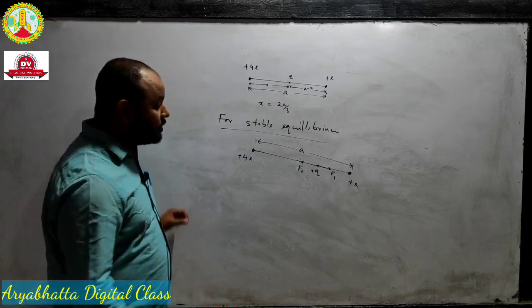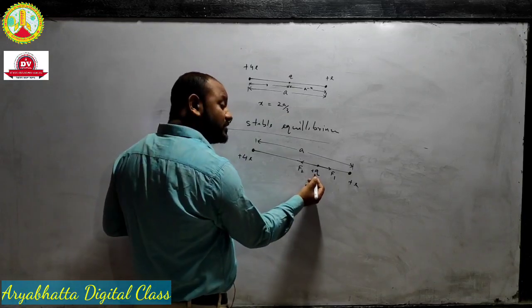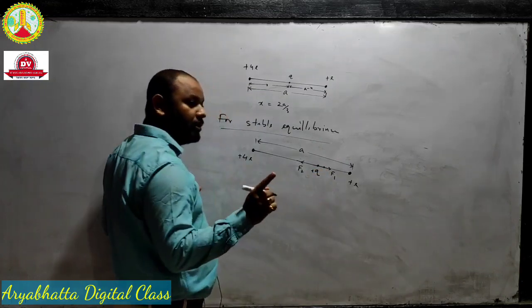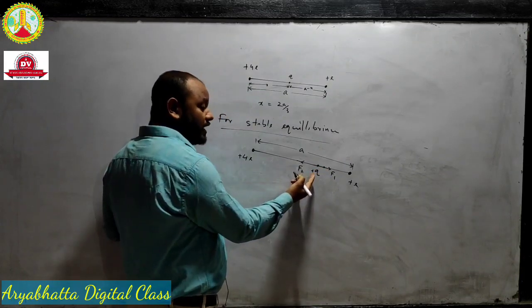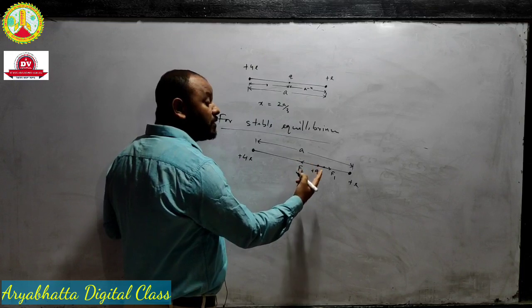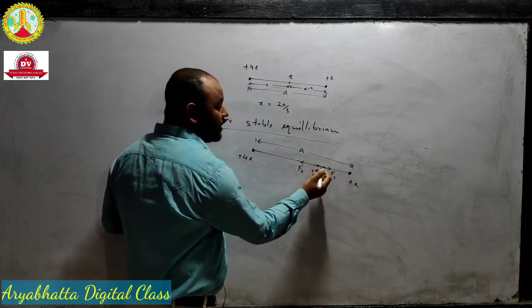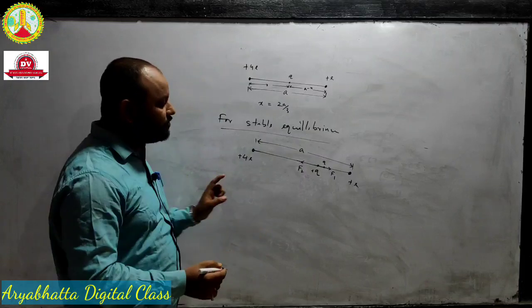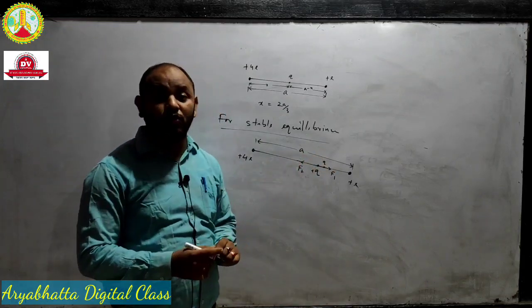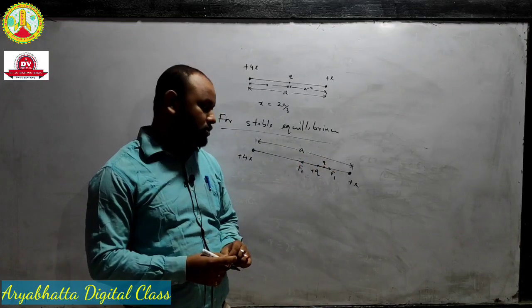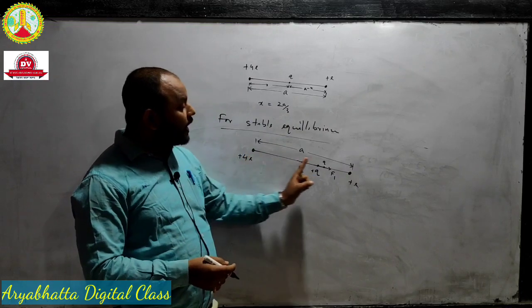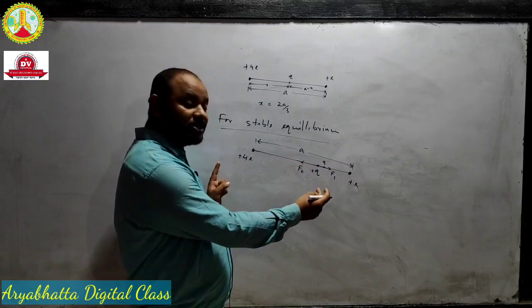Okay, if this plus q charge is slightly displaced towards right, what happens? The distance between plus 4e and this plus q will increase.